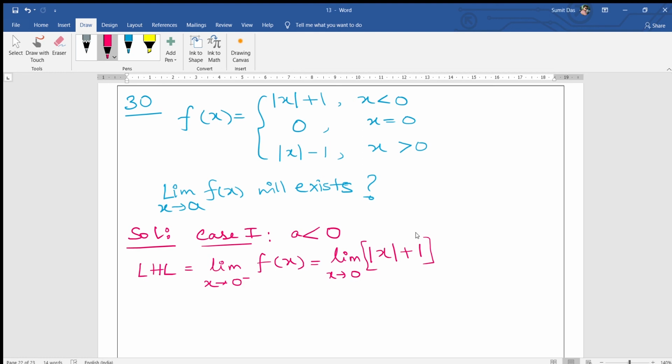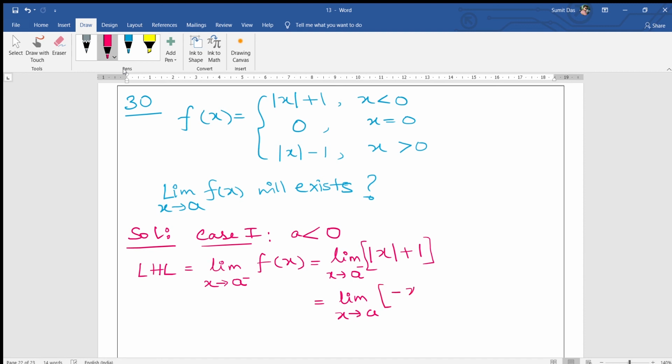Why? Because look, we already took a less than 0. So it will be x tends to a minus. Now limit x tends to a, what will I write here for modulus of x?